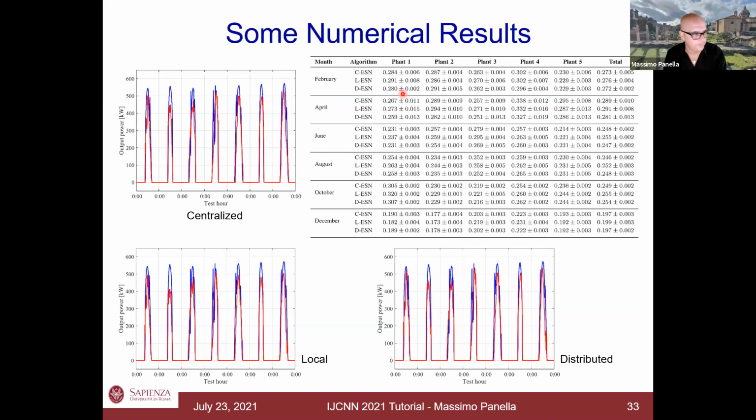So the main aim of this approach is not to scale up the computation, to parallelize the computation. It's the contrary. We have data locally in each node, and we would like to leave data locally in each node without centralizing them.